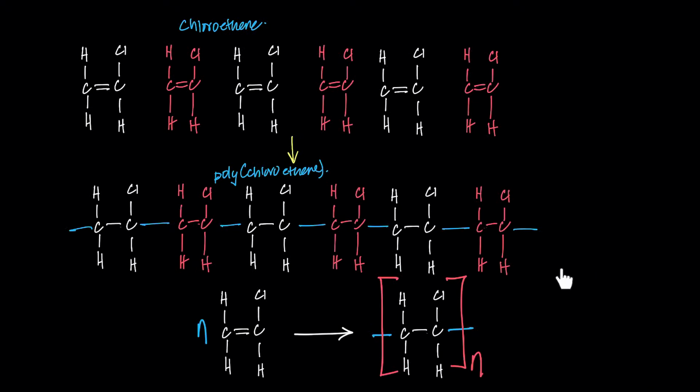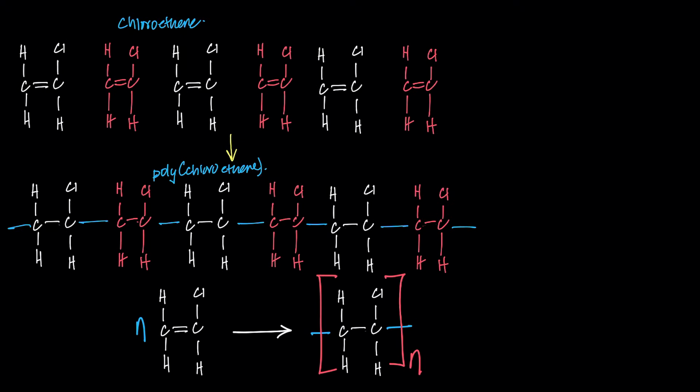In fact, the trick is this: regardless of whether it's Cl or H's or whatever else, you first draw your monomer in this fashion, whatever it is, as long as it's the carbon-carbon double bond in the center. And this breaks up to become like this.